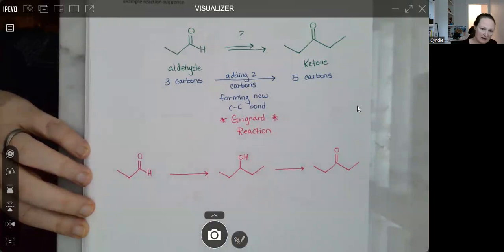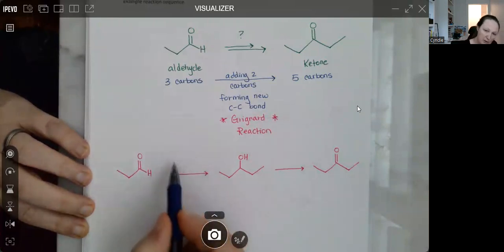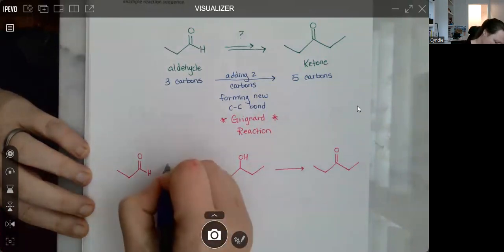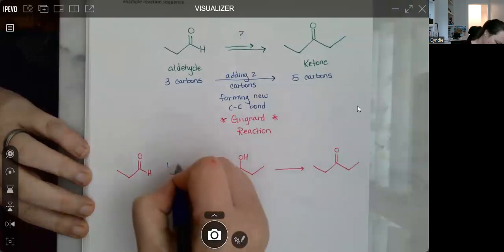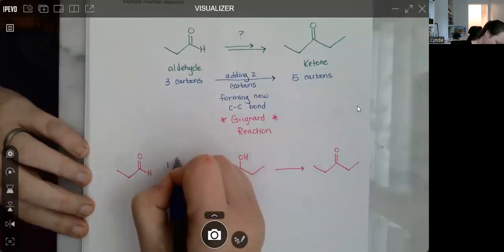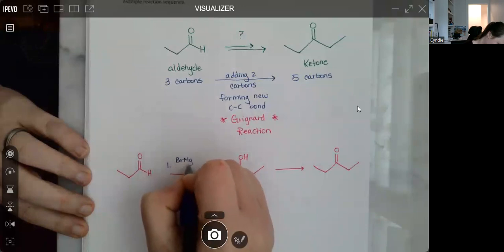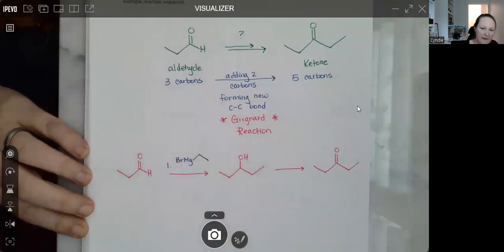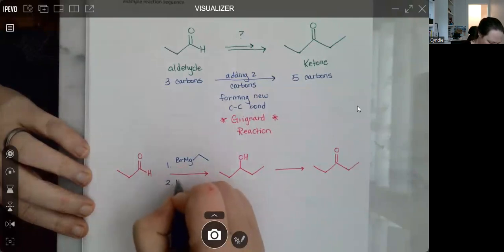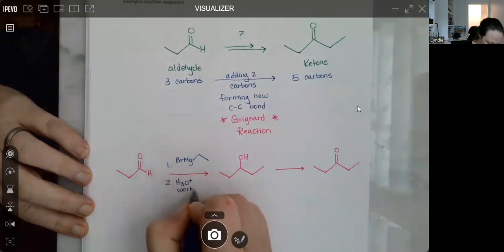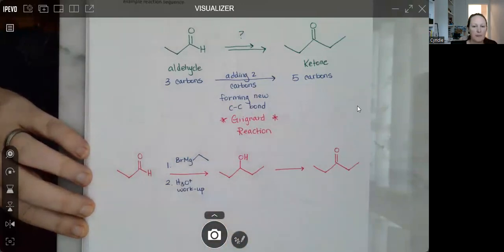So we've outlined our path, and now we want to come back and add in some reagents. We can do a 2-carbon Grignard reagent, so we want ethyl magnesium bromide, followed by some sort of acidic workup. That will provide us with the secondary alcohol.